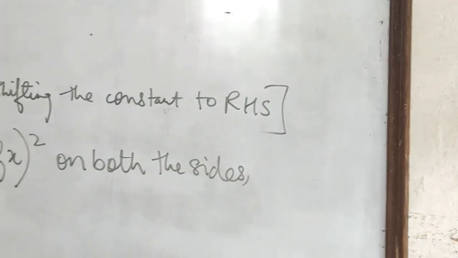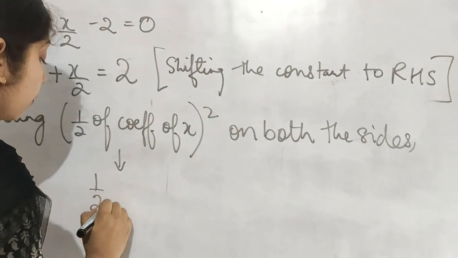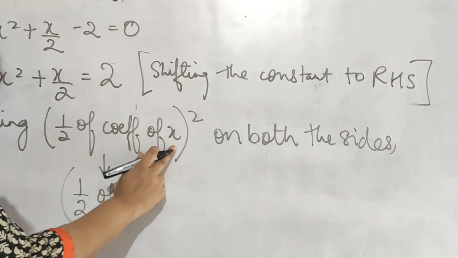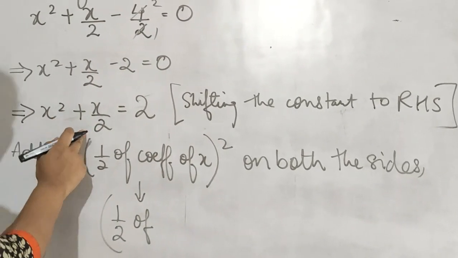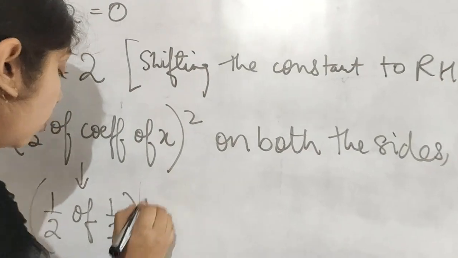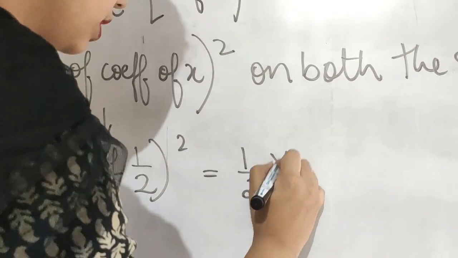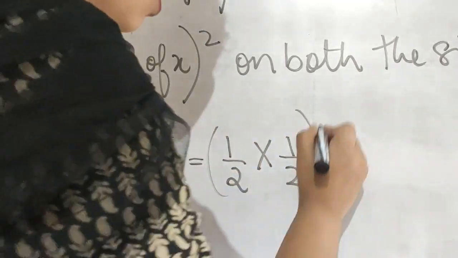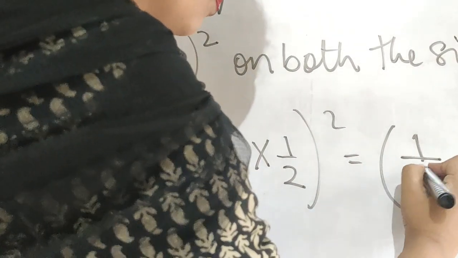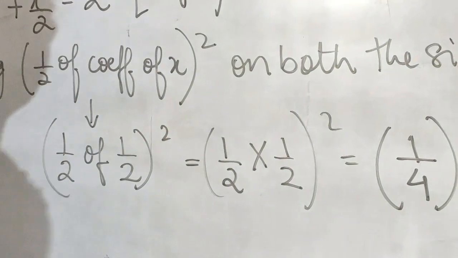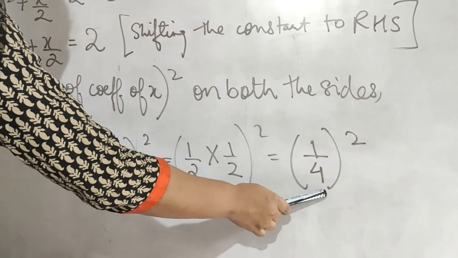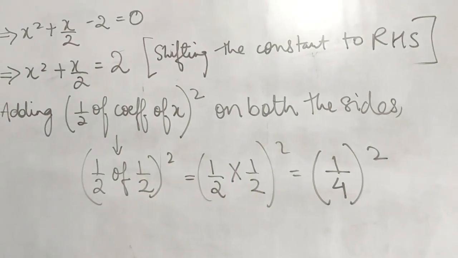Half of coefficient of x is how much, children? It is 1 by 2. So this will be 1 by 2 whole square. Half of means multiplication, 1 by 2 whole square is equal to 1 upon 4 whole square. Let us add this 1 upon 4 whole square on both the sides of the equation.